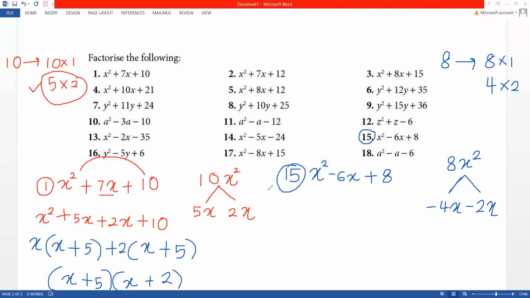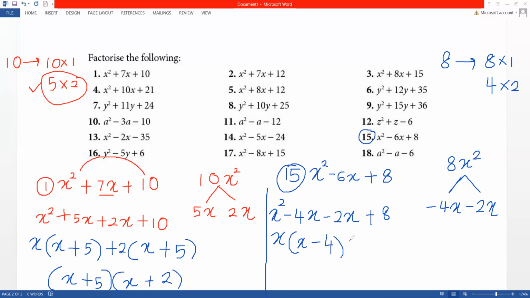Now apply the same rule in the same way. So I'm writing x squared, and instead of this minus 6x, I'm writing minus 4x minus 2x plus 8. Now in the first two, x is common, so I'll take x. Then inside I'm getting x minus 4.